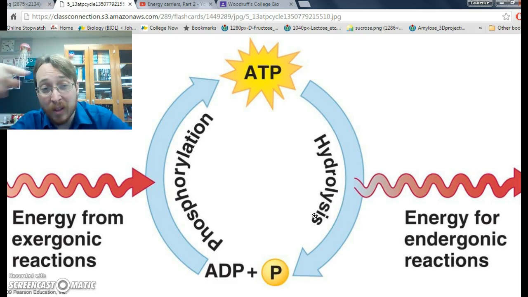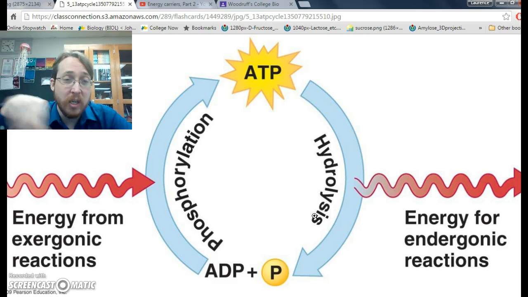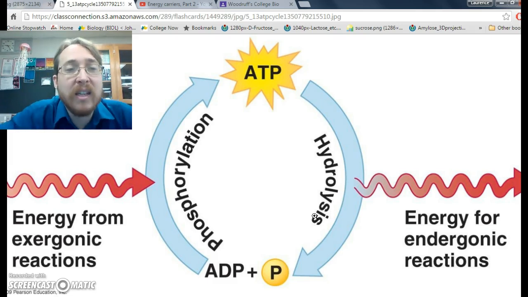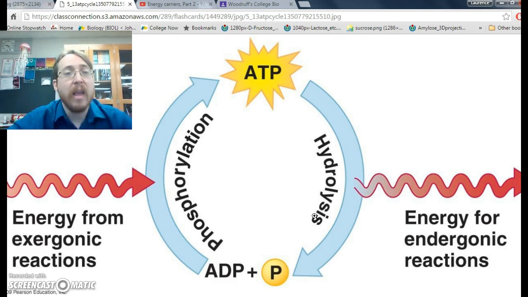And now that it's releasing energy, the endergonic reactions that need to absorb energy can take the energy that ATP releases and then do their thing. So ATP is an energy coupler. It takes energy from an exergonic reaction and stores it, and then couples that with an endergonic reaction and releases the energy for the endergonic reaction.